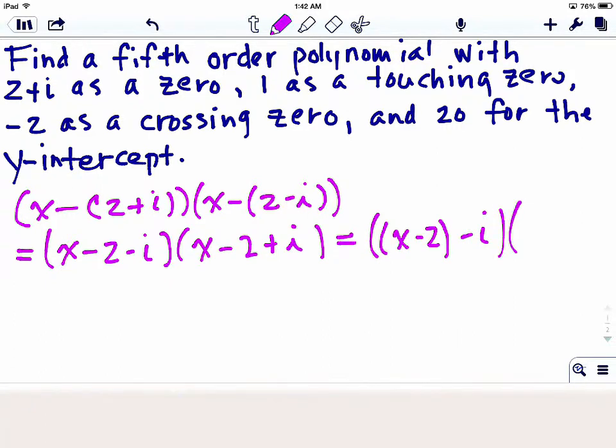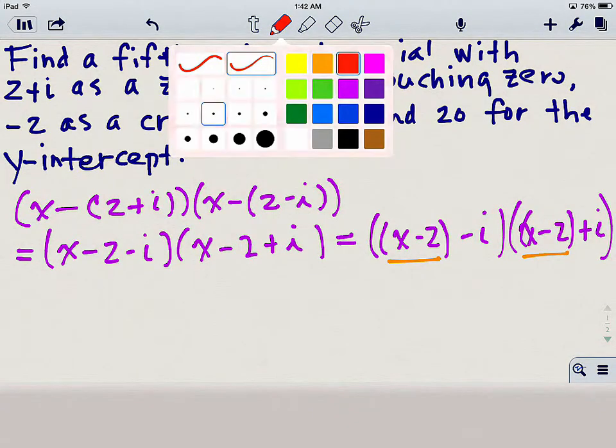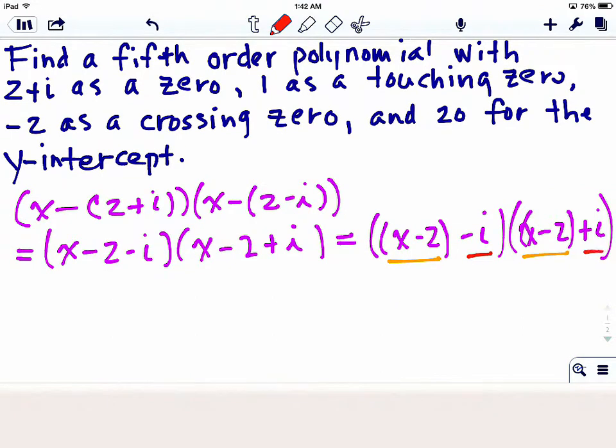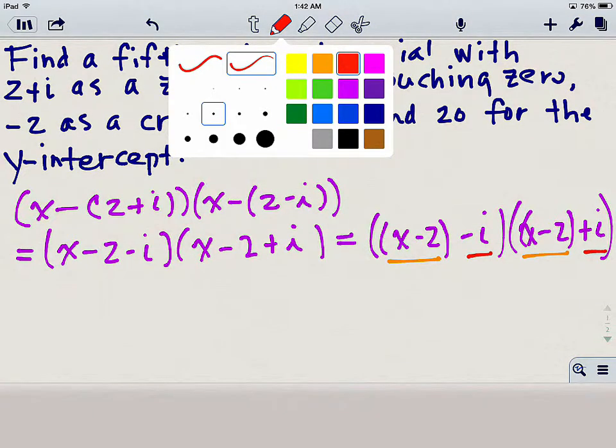And so when I FOIL, I'm going to think of x minus 2 as the first in each of these factors. And then the negative i and the positive i will be the last. All right, so let's go ahead and do that.